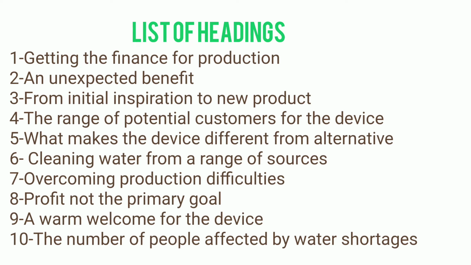Okay, yes, 8th is saying profit not the primary goal. There is profit. Yes, they are talking about money, that it is likely to come around $1,000 a unit, but then again it's saying about the social mission. So profit not the primary goal, I think this is more appropriate. Let's keep it open. And 9th is saying a warm welcome, nothing about welcoming the device.